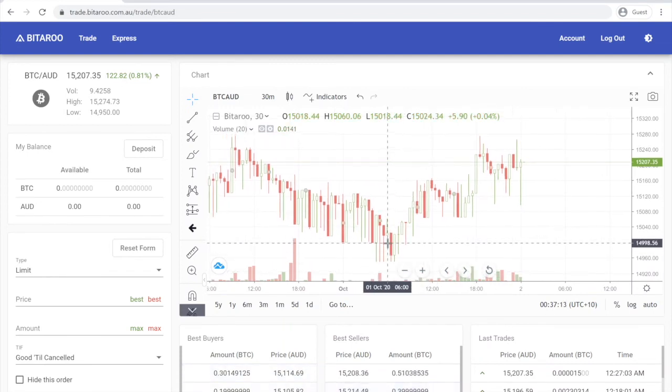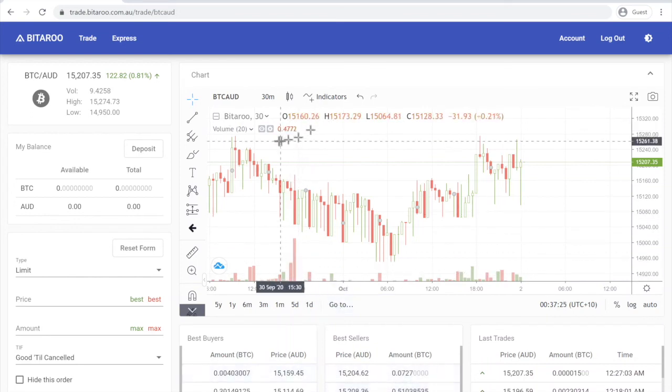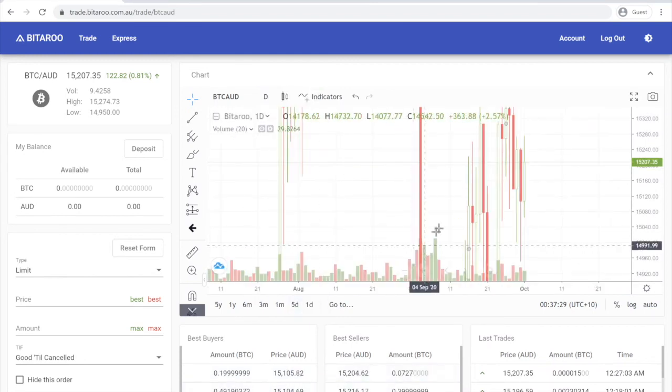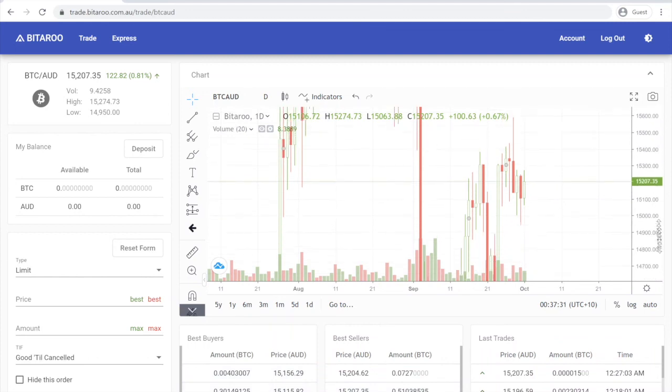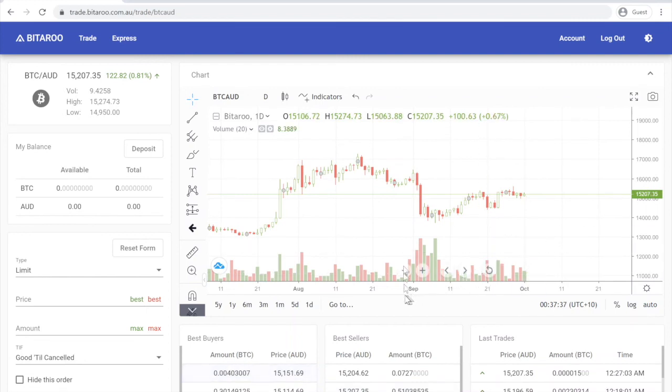And what else to say? At the bottom, these bars here represent the amount of Bitcoin that was traded. It's called the volume. I'll switch to the daily. Okay, so here you can see a lot of Bitcoin was traded on these days.